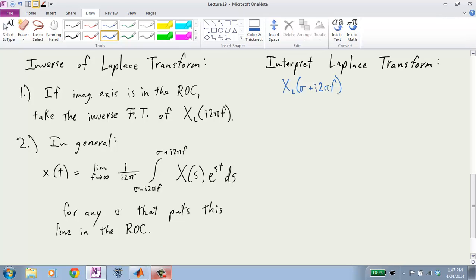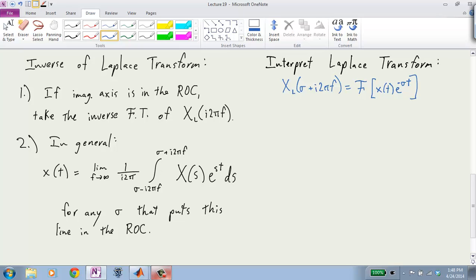Then this is always the Fourier transform of something, and that something is x of t times e to the minus sigma t. So this real part of s represents a real exponential that I've multiplied by x.